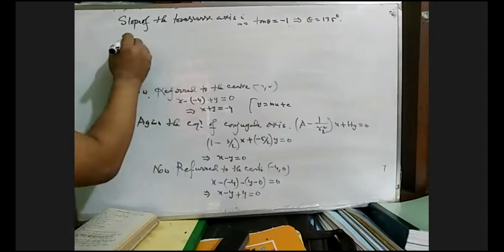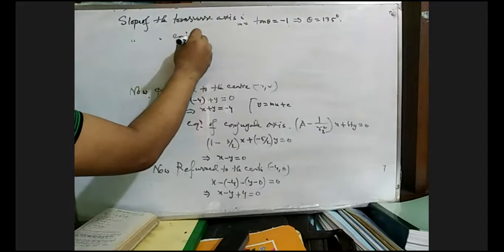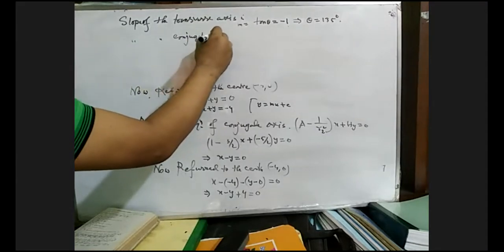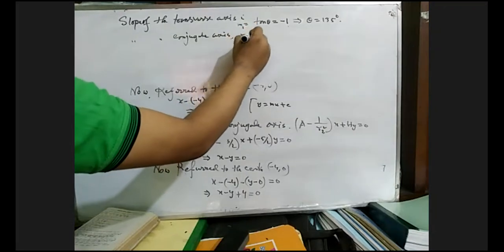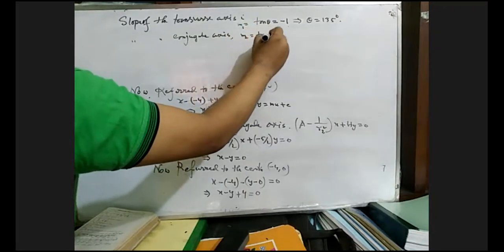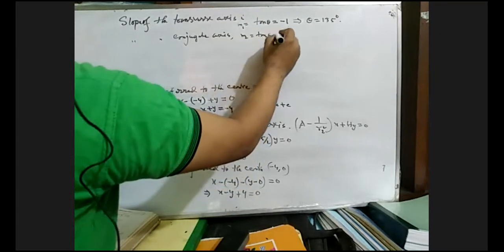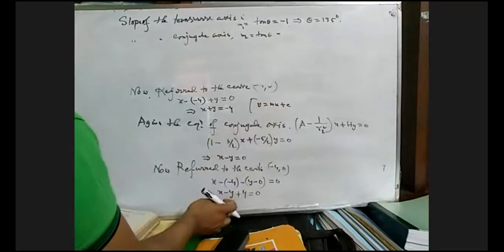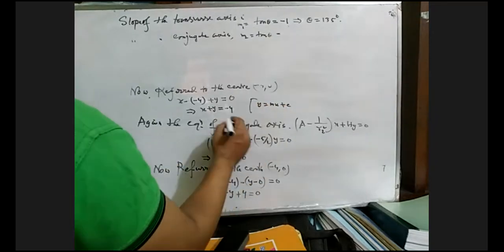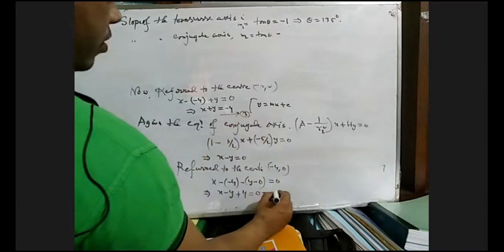Now the slope of the conjugate axis is m2, tan theta equals what? If we arrange it, y equals mx plus c. This is equation number 3 and this is equation number 4.